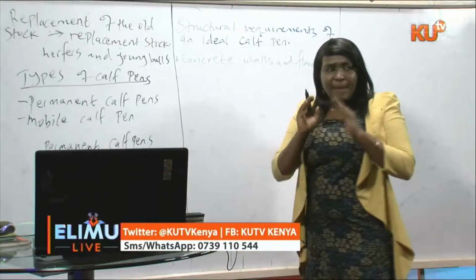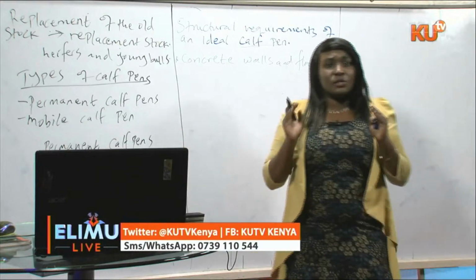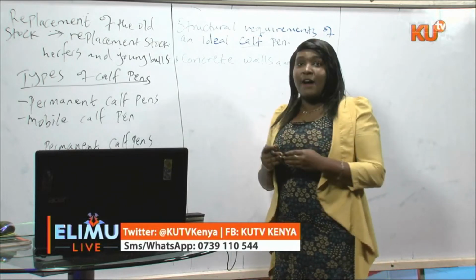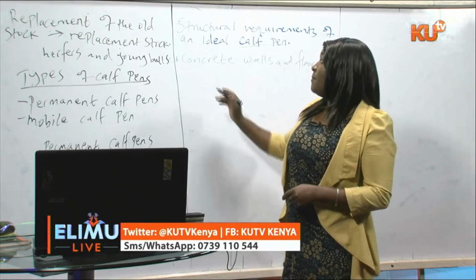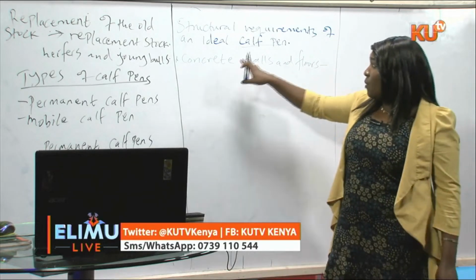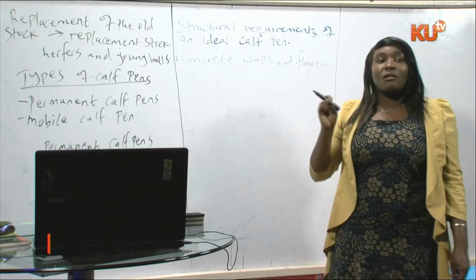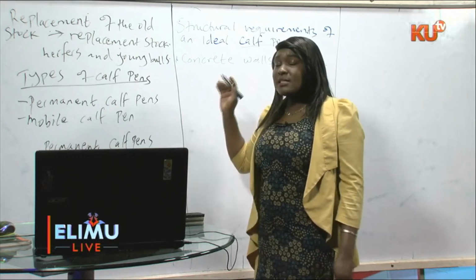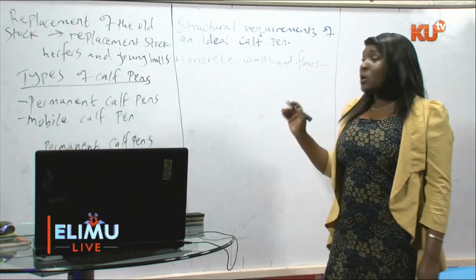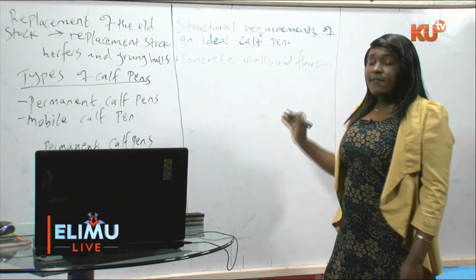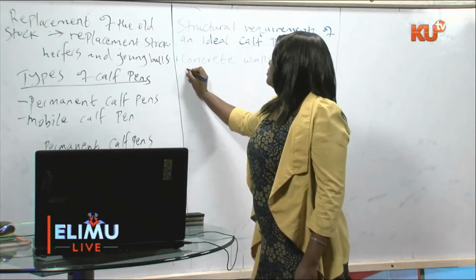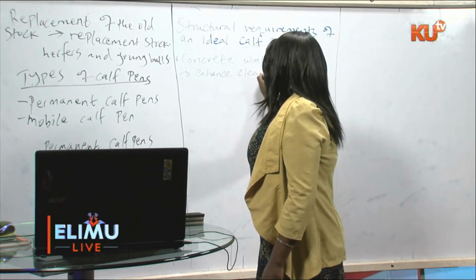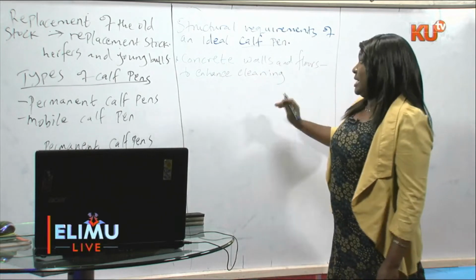The best calf pen that is going to be of importance to your farm in terms of profit maximization, ensure that the walls and the floors are concrete. If you can afford, ensure that you make concrete walls and floors. This is because concrete walls and floors are easy to clean. This is to enhance cleaning, or to make the calf pen easy to clean.